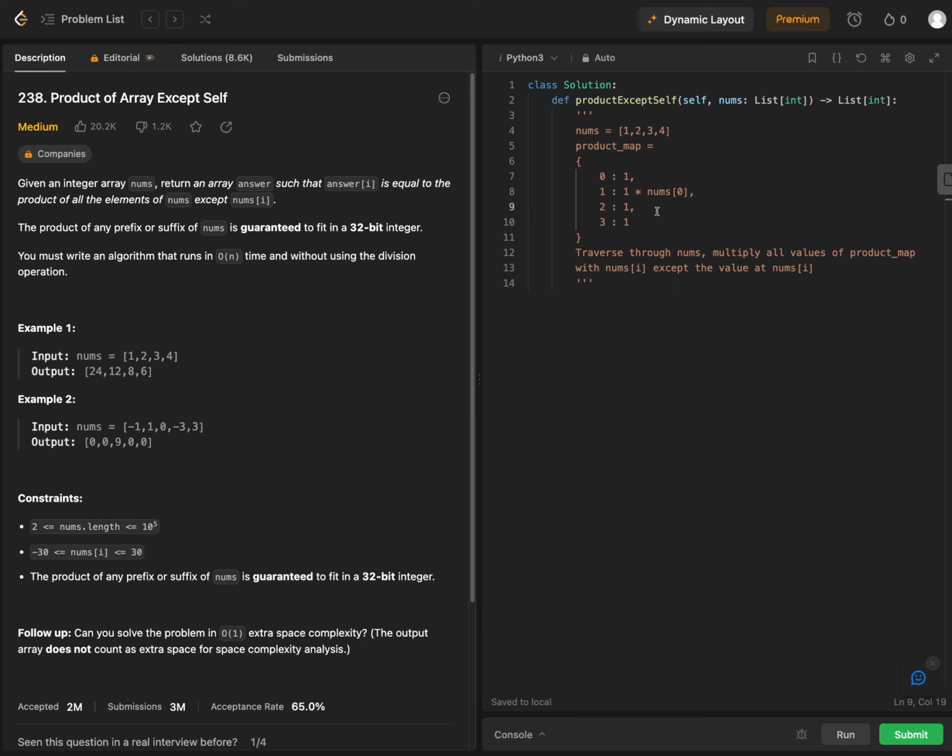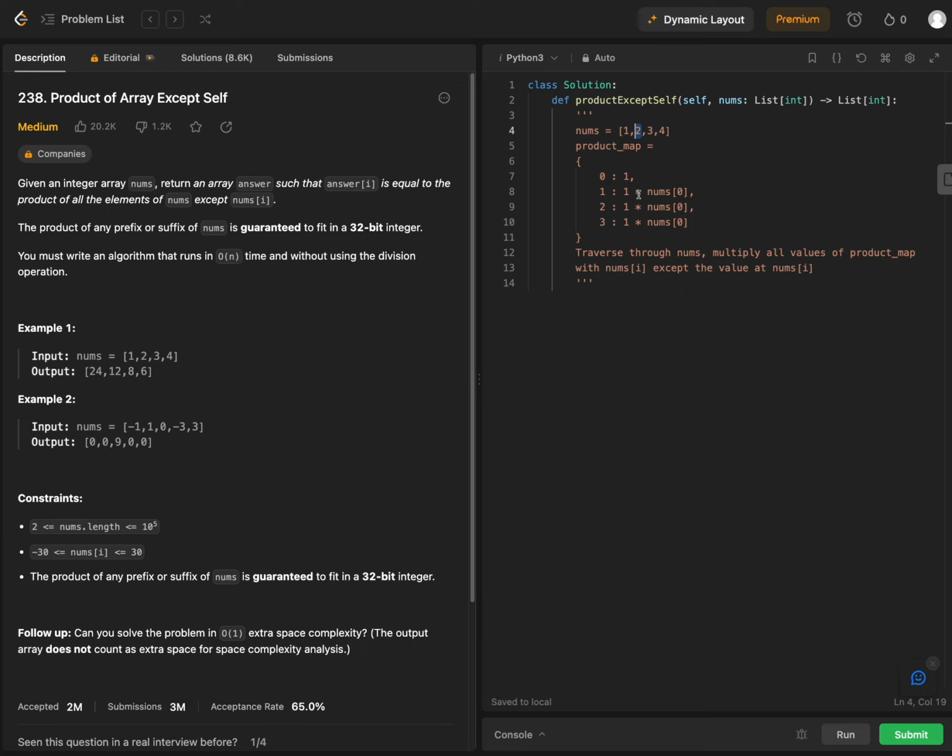All of them except for index 0, right? And then you move on to 2. You move on to index 1. You want to multiply them all by index 1 except for index 1 itself, right?